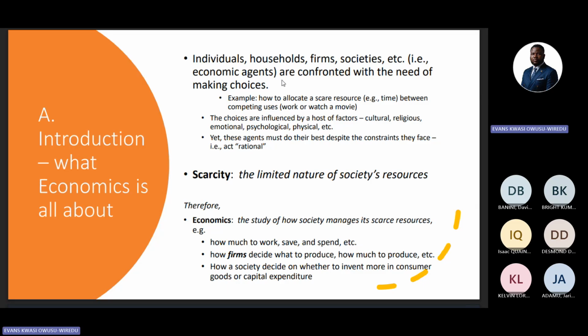And obviously, when you are making choices as a result of scarcity of resources, because when we talk about scarcity, we are talking about scarcity of resources. And I mentioned that the resources are what? Money, time, land. You see, because land represents the gold, the diamond.